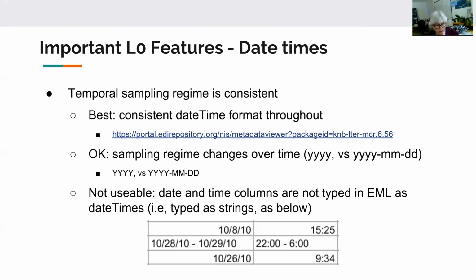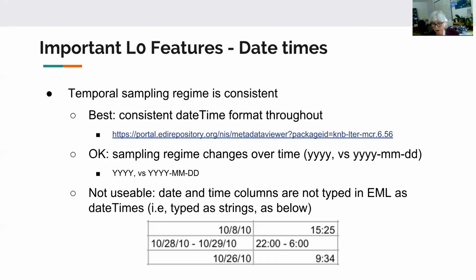What really isn't usable is date and times that are not typed as EML date times at all in the metadata. This is an example of a really old data set where they actually crammed in some rainfall chemistry into stream chemistry. We fished that out at this point, but that's what it looked like when the data came in as a spreadsheet.